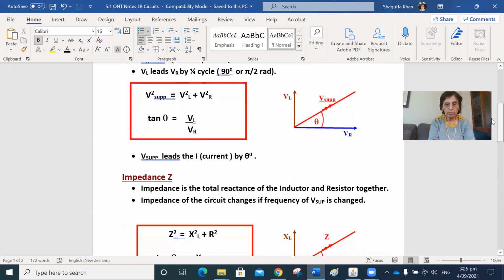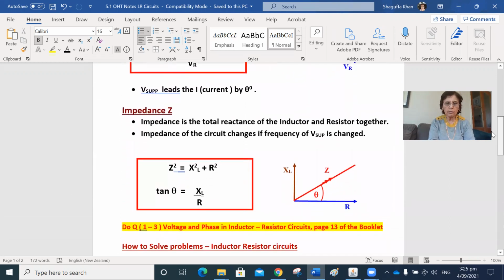Now, what do we mean by the impedance of an inductor resistor circuit? It is the total opposition, including the reactance of the inductor. And remember that impedance changes with the frequency, because the reactance of the inductor will change with the frequency. And because voltages are not in phase, the reactance of the inductor and the resistance of the resistor are not in phase either.